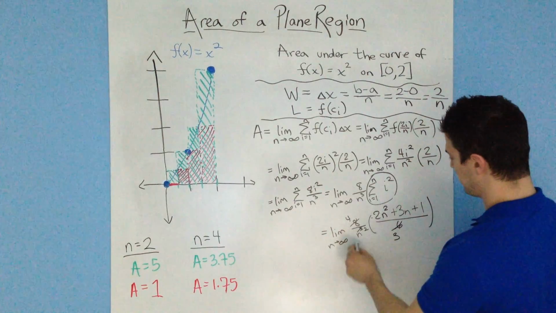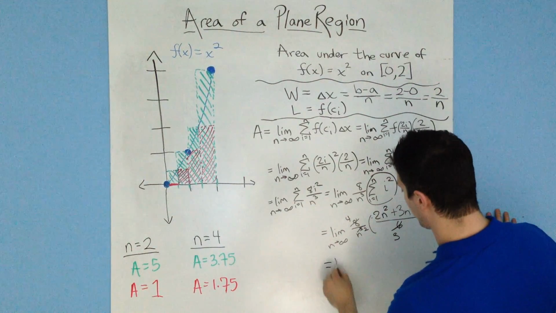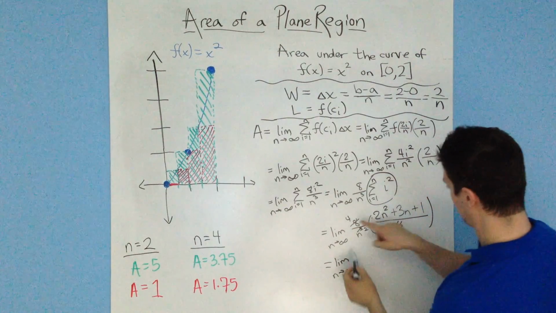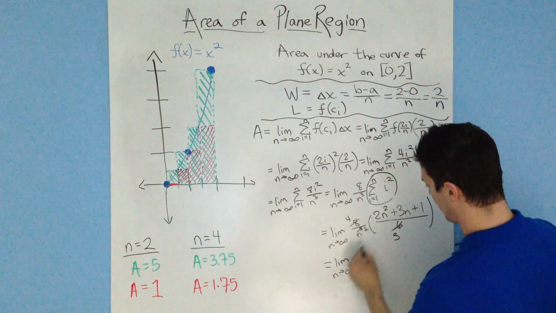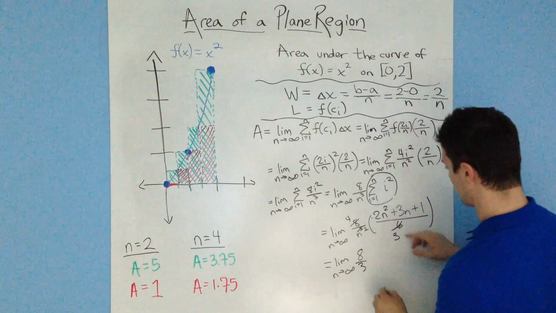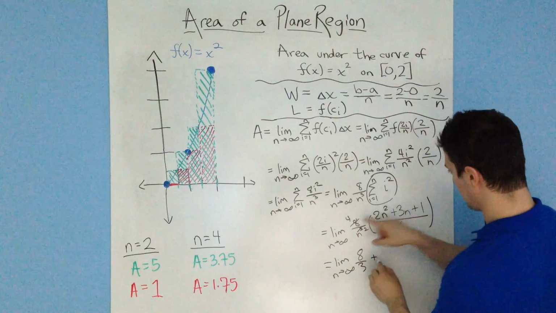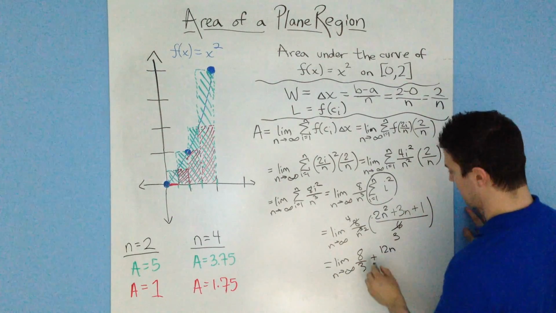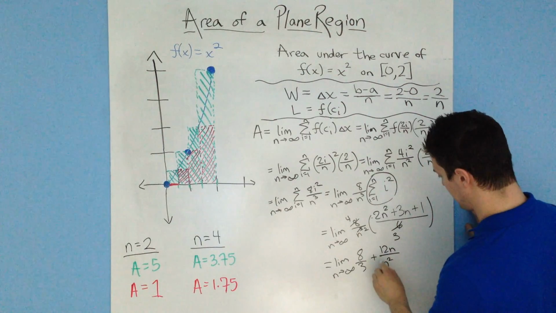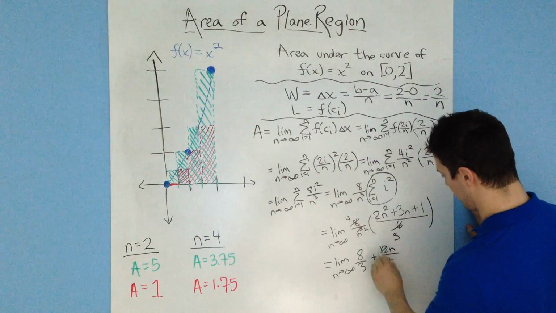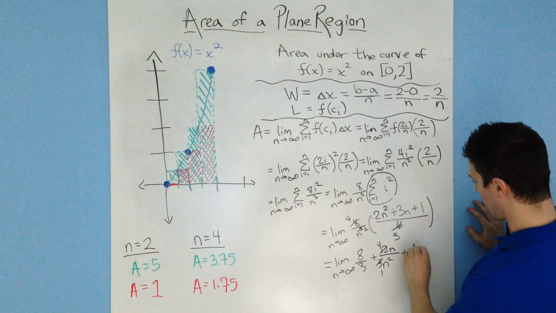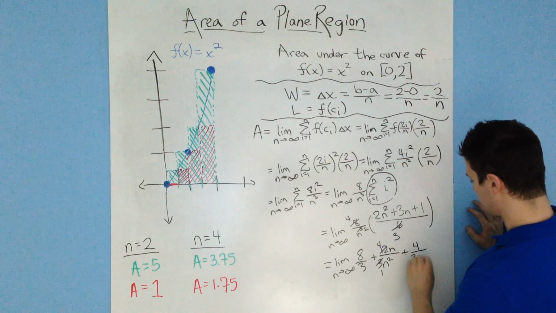Okay, now all of this is going to be divided by n squared, so you should end up getting the limit as n goes to infinity of, well, this right here would be 8n squared divided by n squared, which is 8, divided by 3, so I'm going to put 8/3 here, plus 3 times the 4 is 12n, right here, divided by n squared divided by 3, so that'll cancel right here to get 4n. And then last but not least, you'll end up with 4 divided by 3n squared.